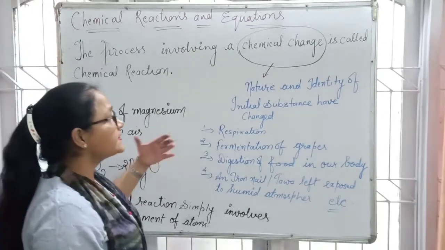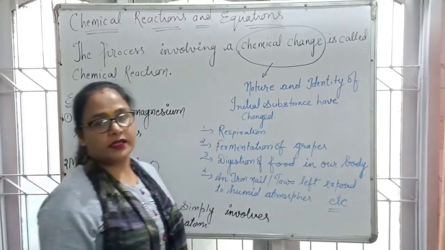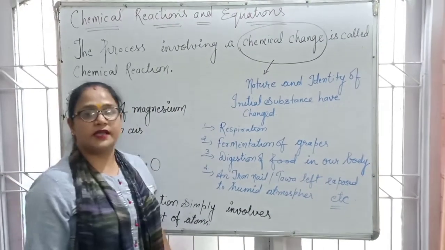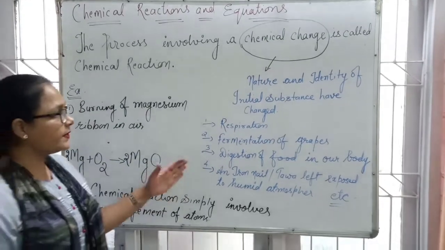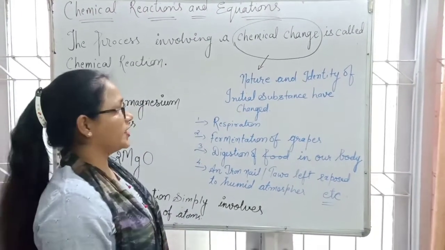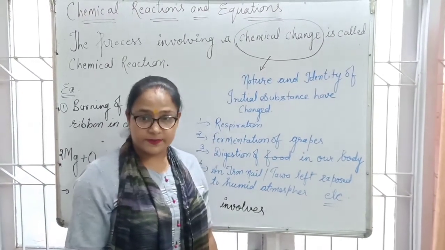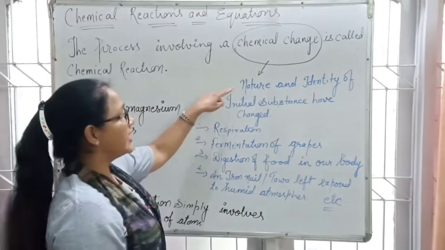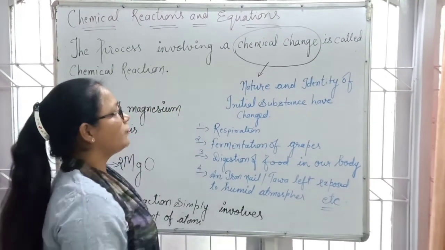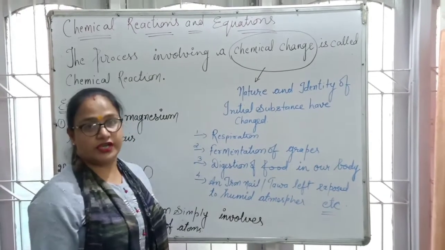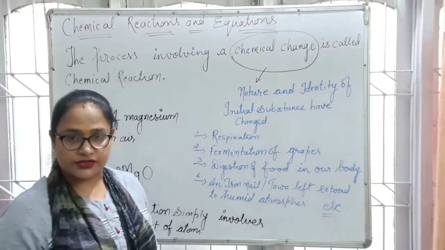So what is chemical change? I think we studied this in class 9th. Simply, chemical change is irreversible. The nature and identity of the initial substance have changed in a chemical change.